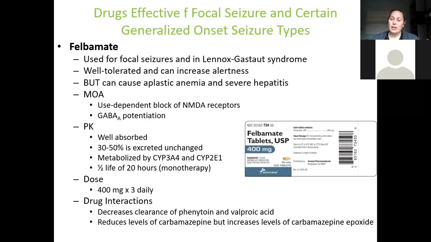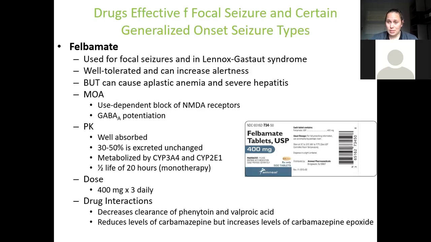So you have to have initial activation of those NMDA receptors, you have to have them open, and then this drug has to have access to that internal region of the receptor. It can also potentiate GABA A receptors, so it most likely works as a positive allosteric modulator. The PK: again, very well absorbed, excreted unchanged.